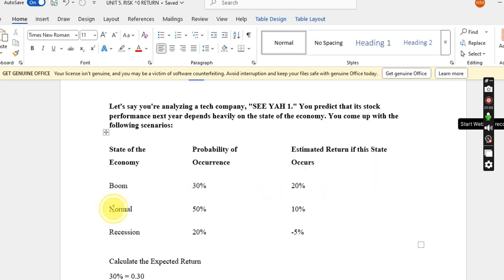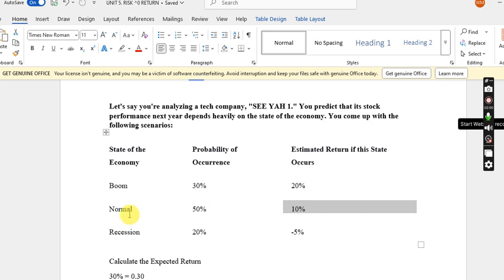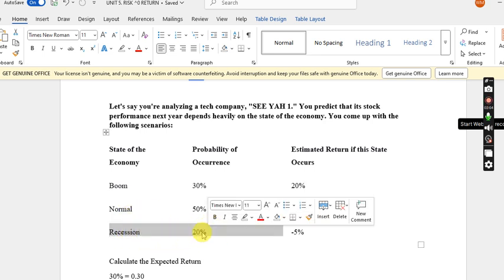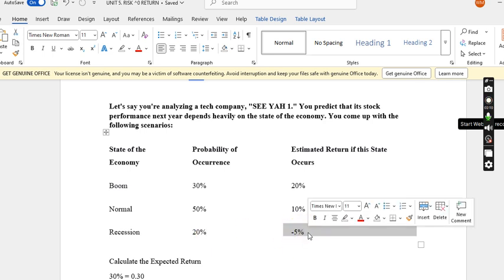When the economy is normal, there's a 50% probability that you earn a return of 10% from the shares. When the economy is doing bad, in a recession, there's a 20% probability that you earn a negative 5% return on the shares or the stock of CR1.